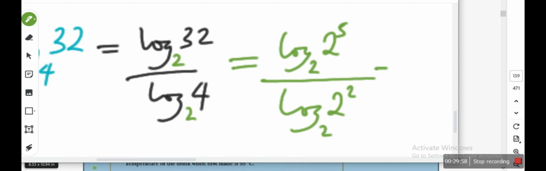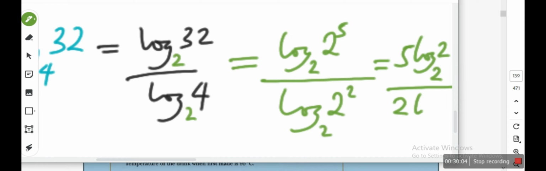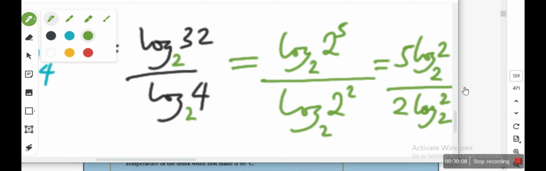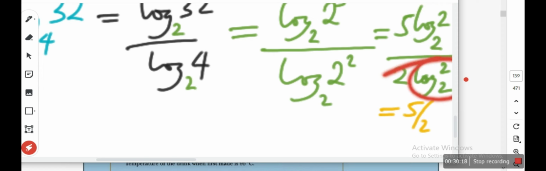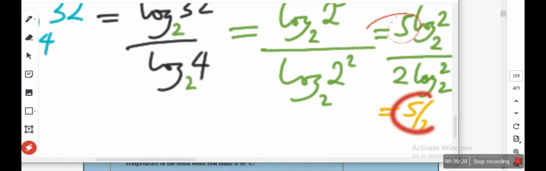So this is 5 log 2 in base 2 all over 2 log 2 in base 2. Because log 2 in base 2 is 1, this one is 5 over 2.